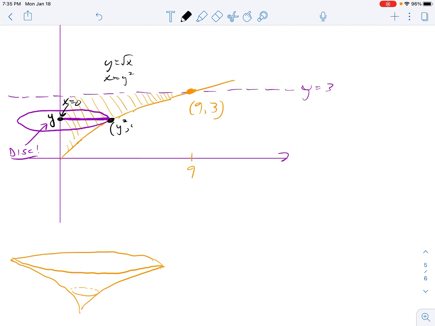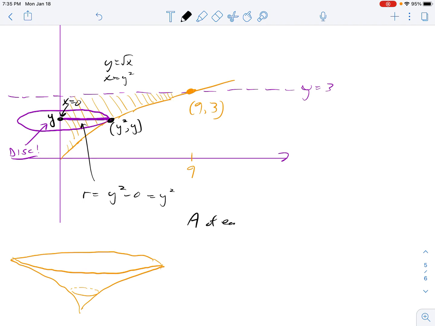So here, my x-coordinate is y squared. So this horizontal distance would be the x-coordinate over here, which is the square of whatever y is, minus the x-coordinate here, which is 0. So this radius, horizontal distance, right minus left, would be y squared minus 0, so that's y squared.